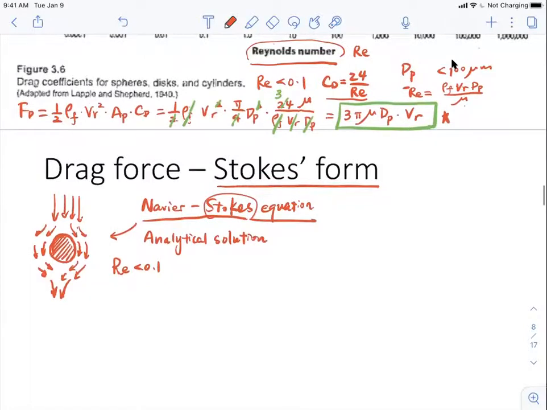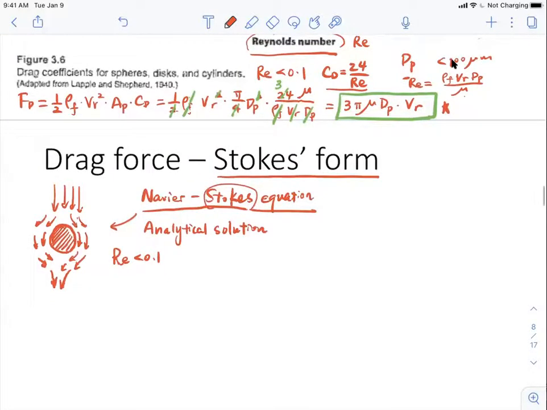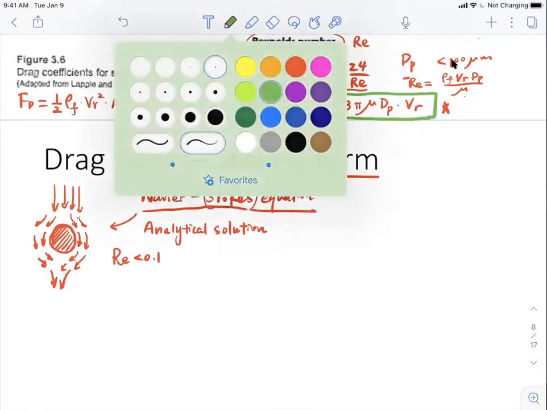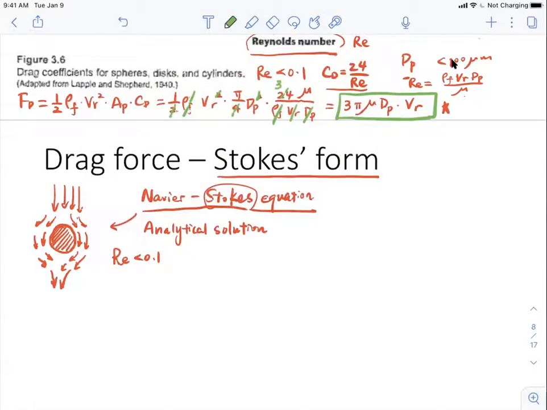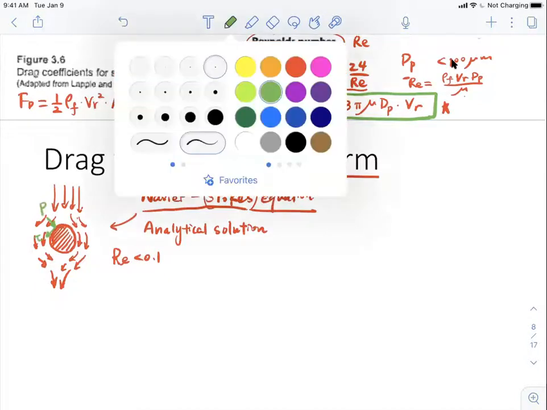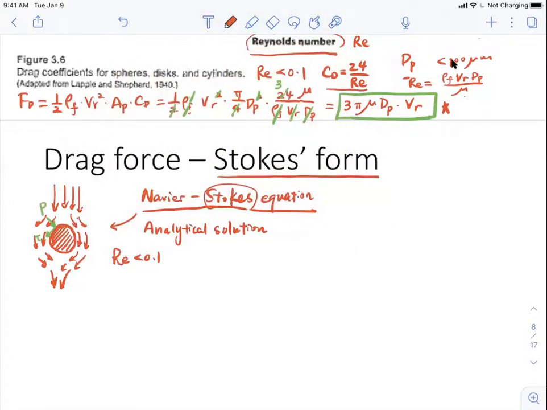From it, we can define two different types of forces. One is the force perpendicular to the surface of the sphere, and the other is the force tangential, or along the surface of the sphere. Say this force is called P and this force is called tau. By solving the Navier-Stokes equation, we can get the exact form of P and tau.